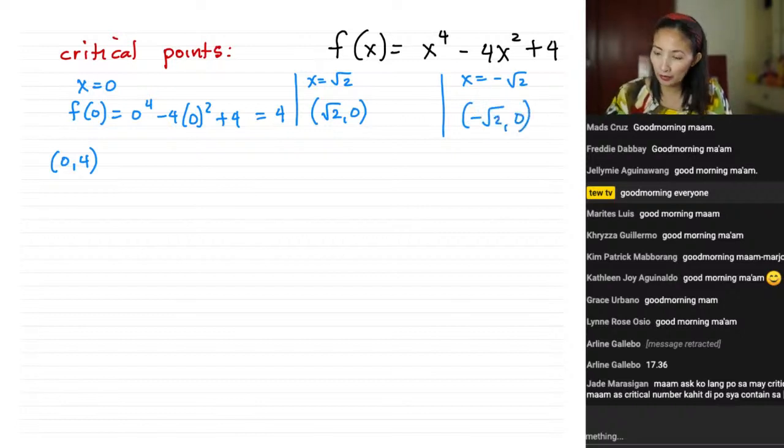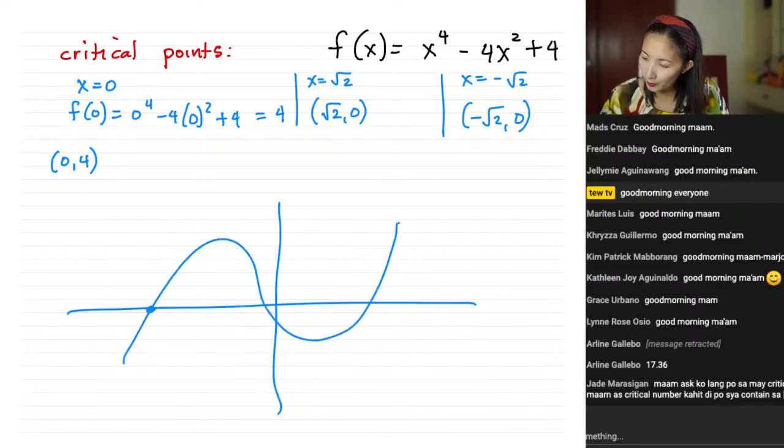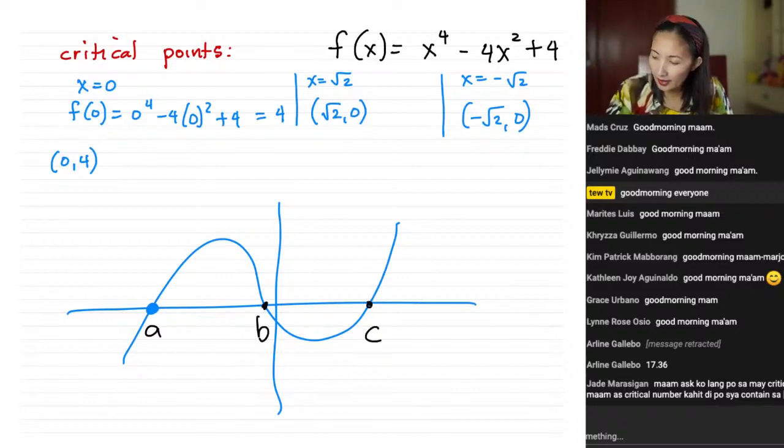Because when we speak of x-intercepts, we mean these points.